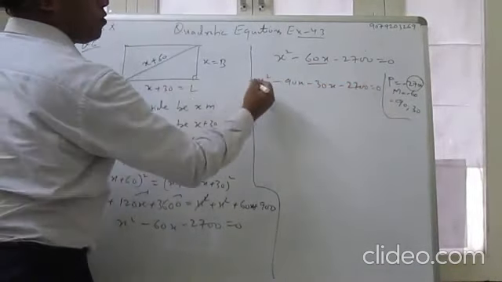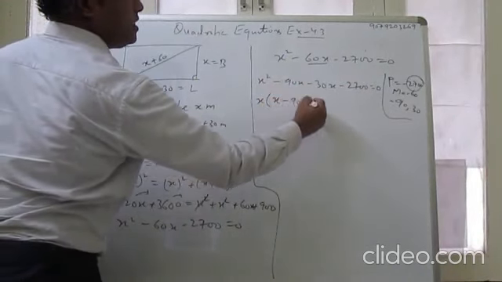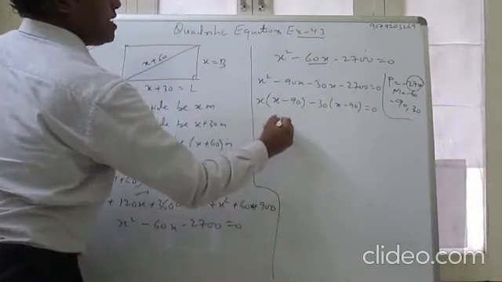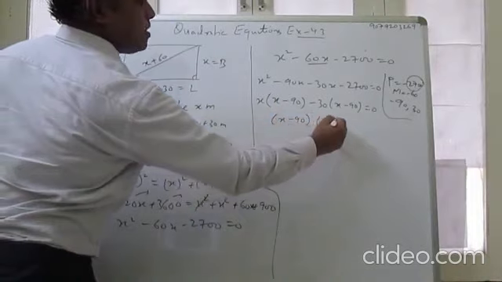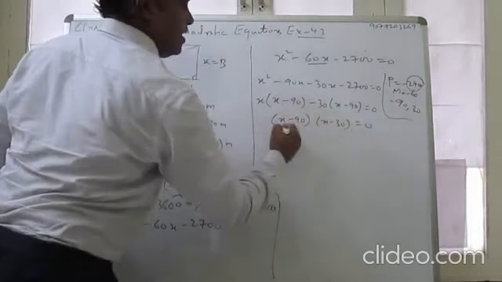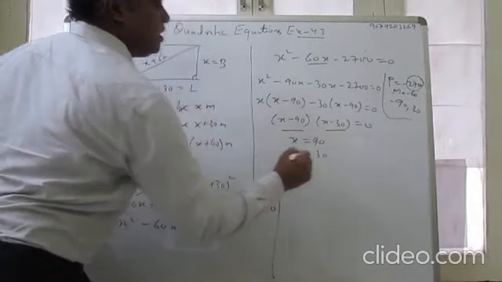Now grouping it and taking common, x common in this, x minus 90, and 30 common, x minus 90 is equal to 0. x minus 90 again common, x plus 30 is equal to 0. If I take this, x is equal to 90. If I take this, x is equal to minus 30.